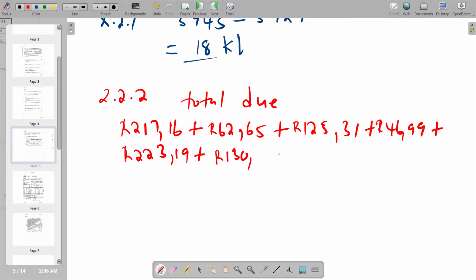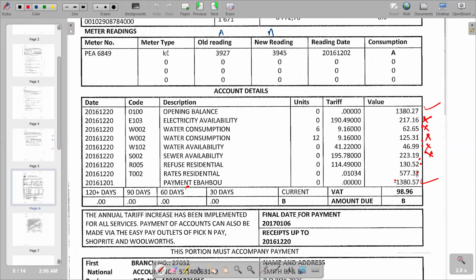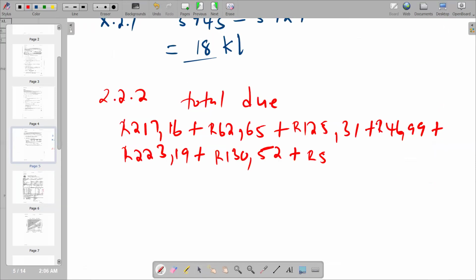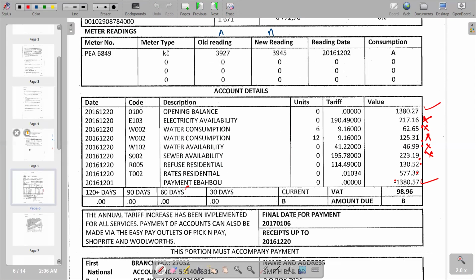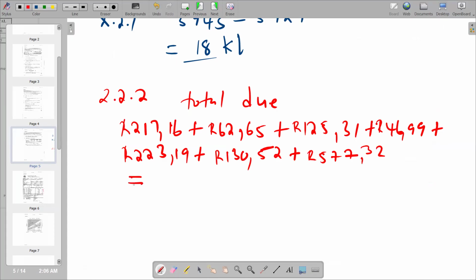Then we add 577 rand 32 cents. That was the last one that we have. If you add there, I see that the total that you're supposed to get is 1,000. So this becomes the final calculation that we have, the total for question 2.